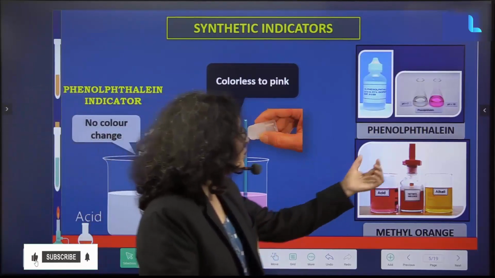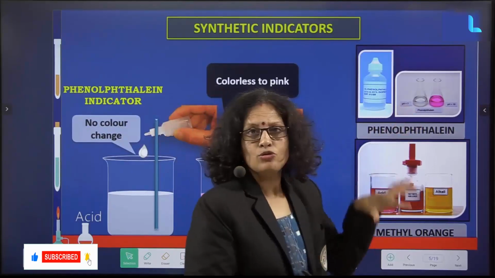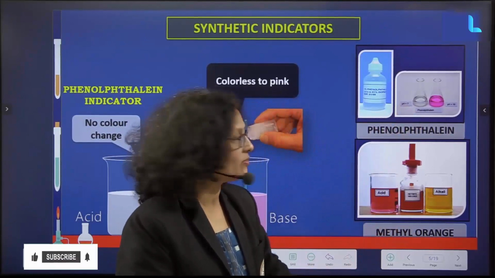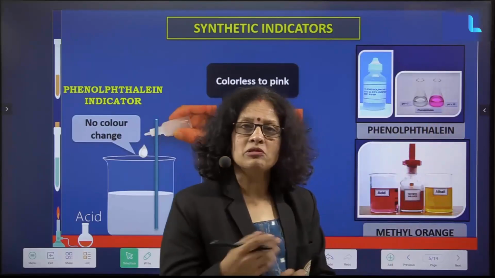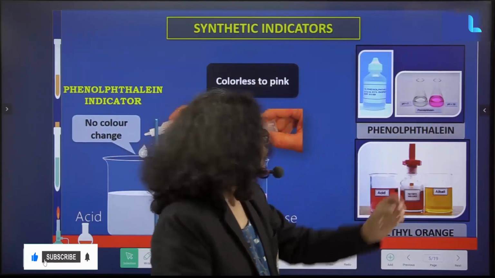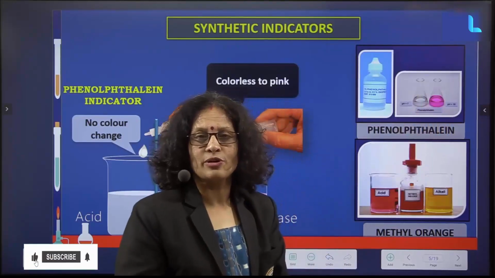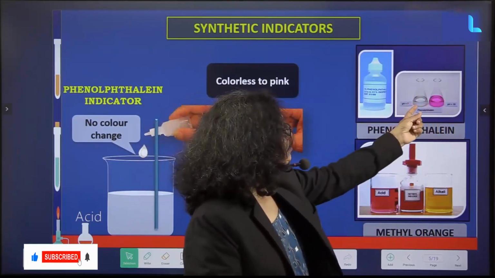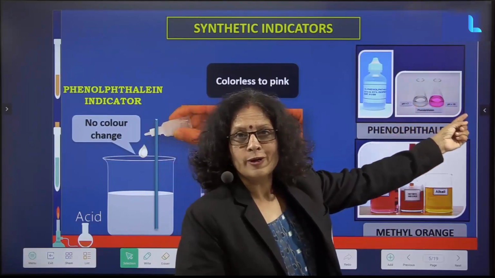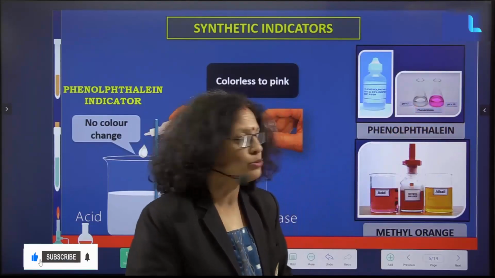It is indicating phenolphthalein is an indicator which shows a color change in basic medium. Like we can see here also, pH 7 is the neutral pH. Water's pH is 7, and above 7 is the basic pH. Here one basic solution is there, like sodium hydroxide or potassium hydroxide. In one conical flask we have water and in another conical flask we have an alkaline solution.